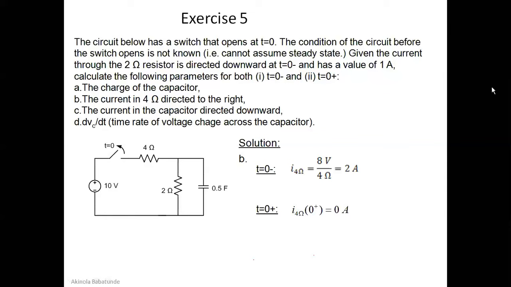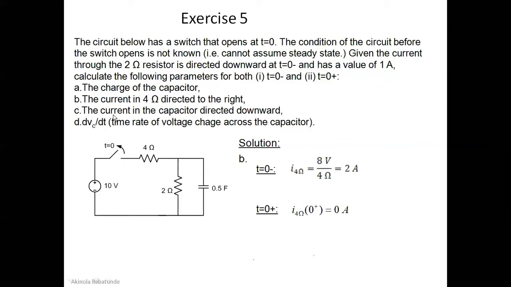So the current across 4 ohms at t equal to 0 plus would certainly be equal to 0 amperes, because the circuit is now open. T equal to 0 plus represents what happens after the circuit has been opened. T equal to 0 minus represents what happens just before the circuit is opened. That is how to deal with the A part and the B part.